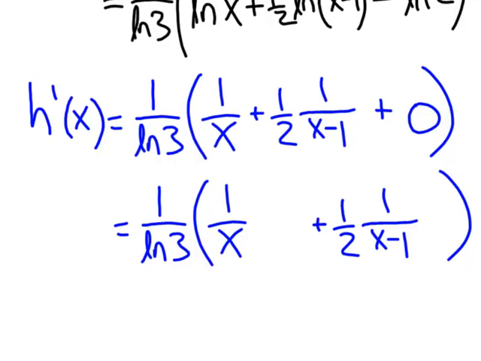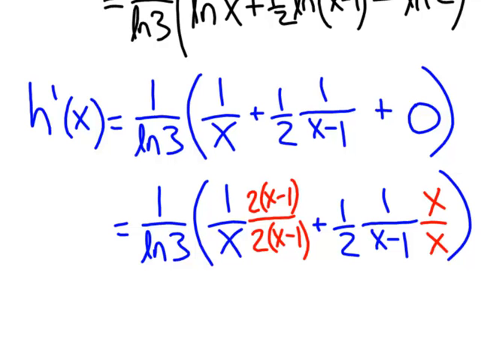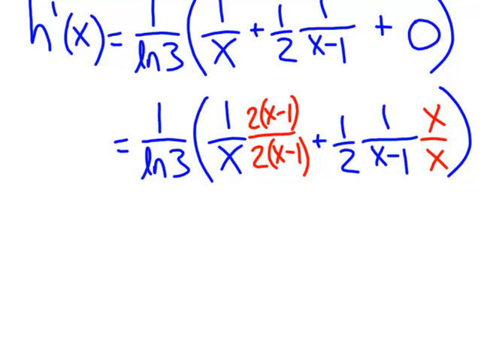It wouldn't be the worst thing in the world to just leave this final answer as is, but we'll typically combine into a single term. So let's do 2x minus 1. We're doing the common denominator. 2x minus 1. And then over on the second term, we'll just do x over x. And up top, we see that if I distribute out, I'm going to get 2x minus 2 plus 1x.